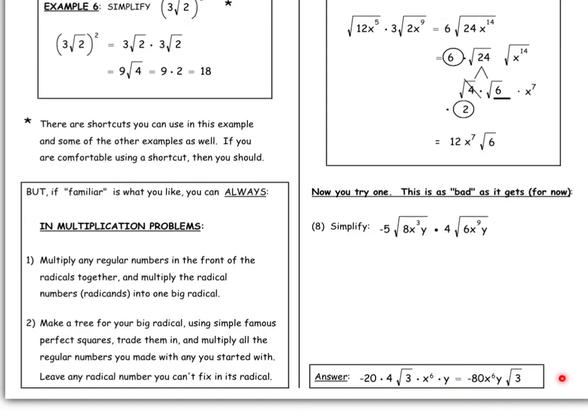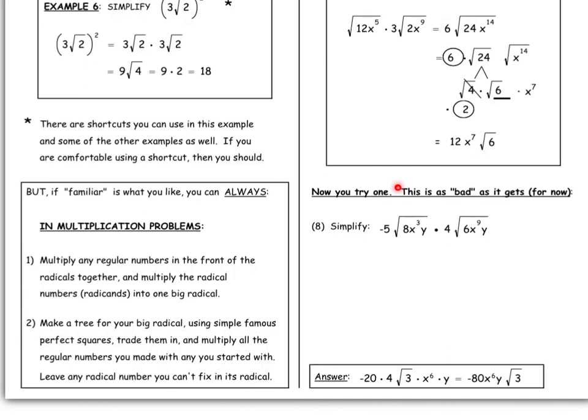So now we've pretty much covered the rules for multiplication of radicals, and you can see that as bad as it gets, it's the same rules over and over and over again, and you don't have to learn a million things, you only have to learn a few things and just keep practicing them and being very organized.